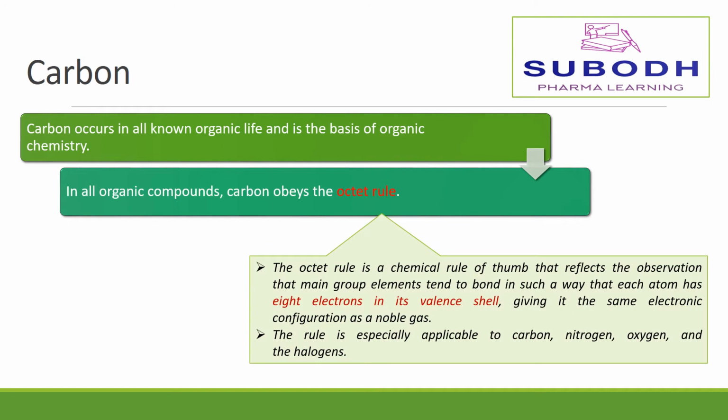The octet rule is a chemical rule of thumb that reflects the observation that main group elements tend to bond in such a way that each atom has 8 electrons in its valence shell, giving it the same electronic configuration as a noble gas. And this rule is especially applicable to carbon, nitrogen, oxygen, and halogens.